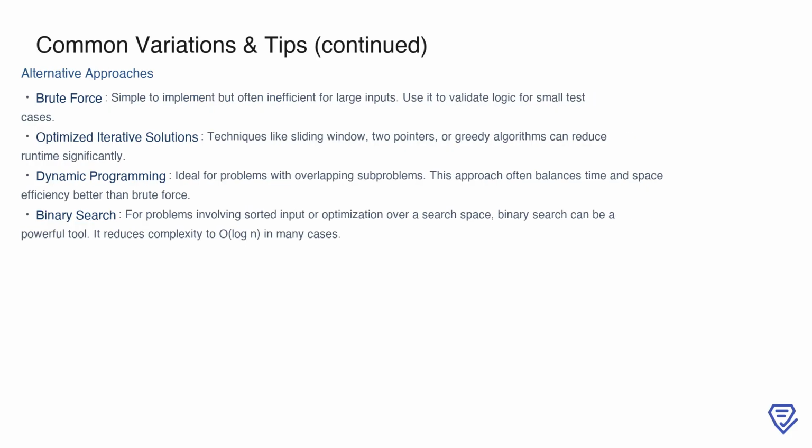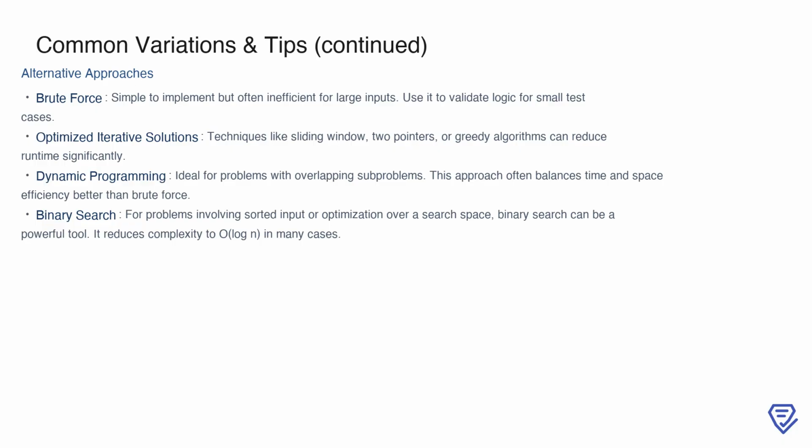When solving problems, it's helpful to be familiar with alternative approaches and when to use them. A brute force approach is often the simplest to implement, and while it's usually inefficient for large inputs, it can be a great starting point to validate your logic on small test cases. Optimized iterative solutions, such as sliding window, two-pointers, or greedy algorithms, are tools that can significantly reduce runtime and are especially effective for problems with straightforward constraints.